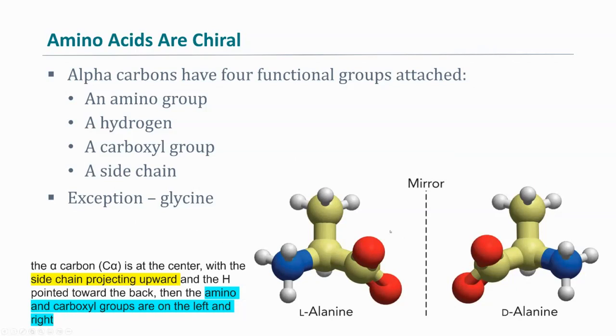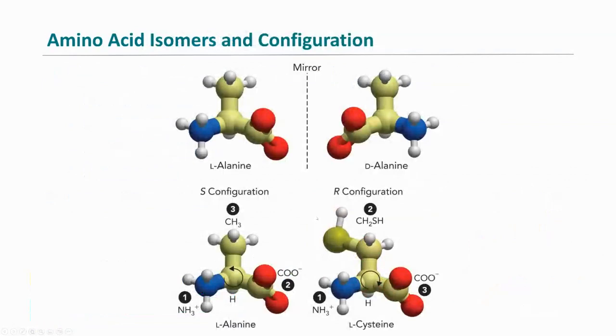Then this is the L-form amino acid, and in nature, most of the amino acids are L-form. And this just tells you they have different configurations, the S configuration and R configuration.